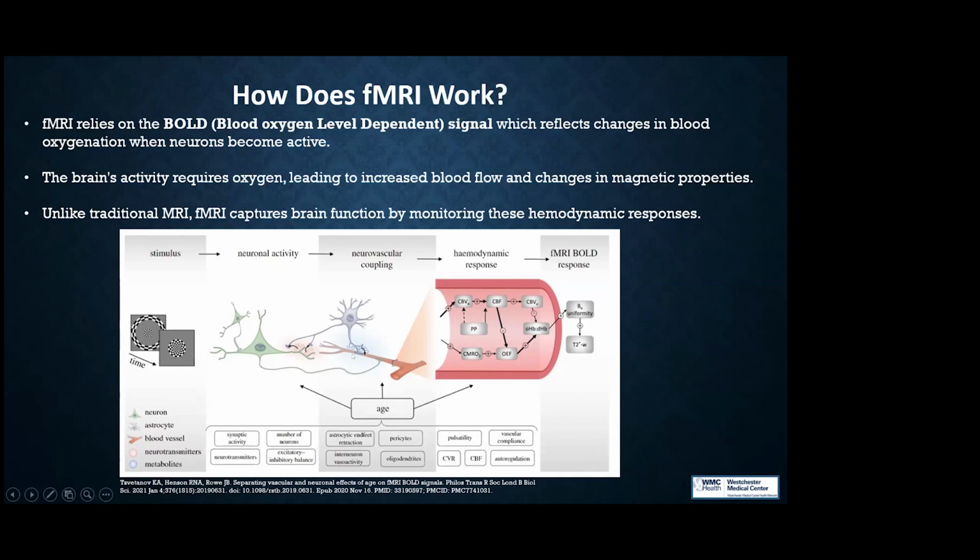Because of that microscopic change in blood flow to those neurons, we see subtle changes in the local microscopic magnetic field. That's what we mean by blood oxygen level dependent, or the BOLD signal.